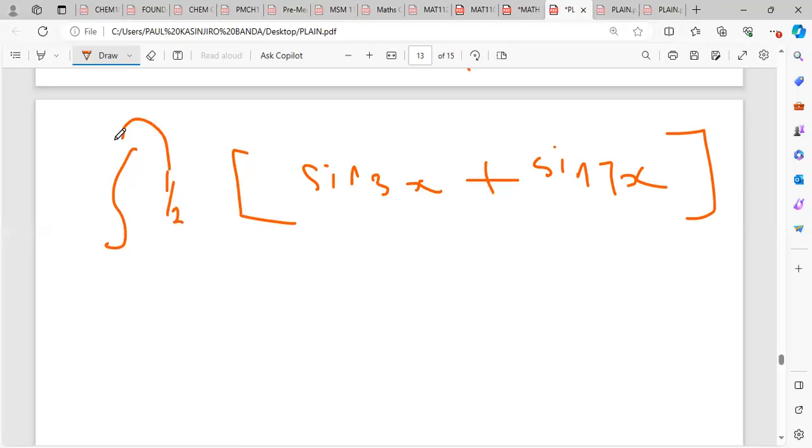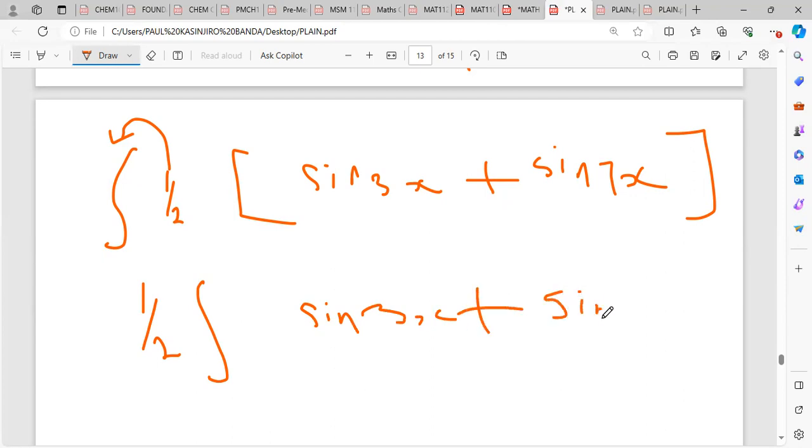Then this half, we can take it outside because it's a constant, meaning I have half, then the integral of sine 3x plus sine 7x with respect to dx. That's how I'm integrating this.